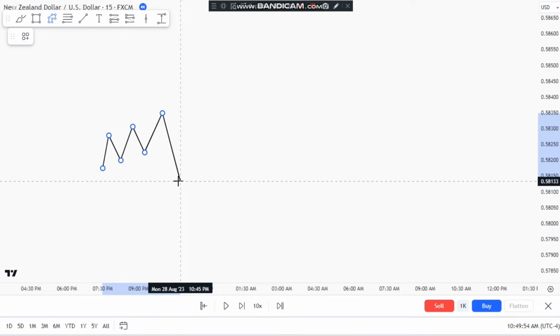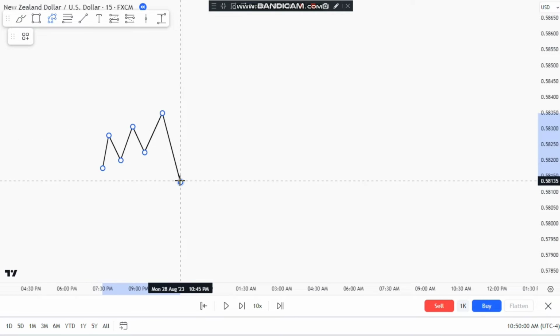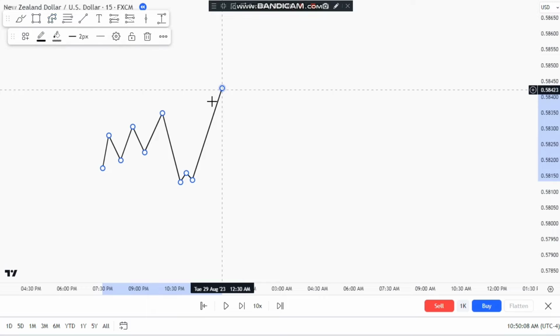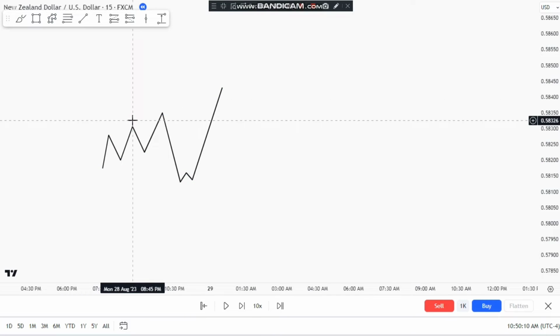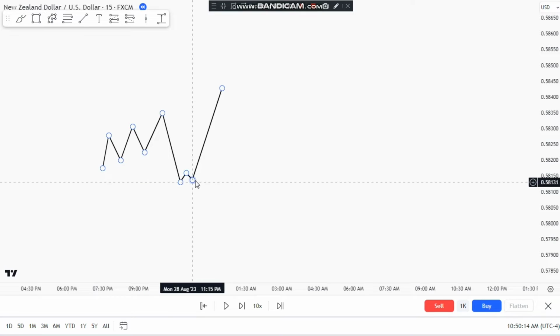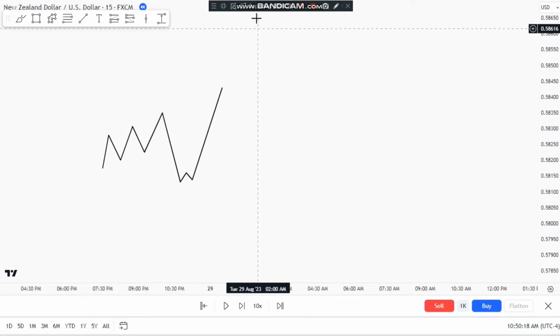This move which happens after the sweep is called the Judas swing, and it's a false move. Then the market moves in the opposite direction, and this is the real move. So in the Judas swing strategy you get two moves: first the Judas swing move and then the real move. And both are turtle soup entries.